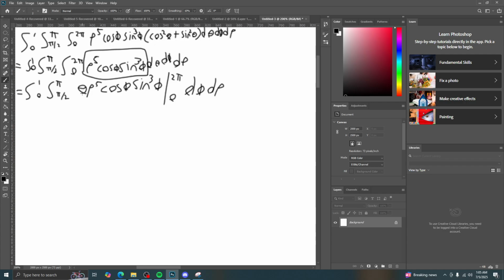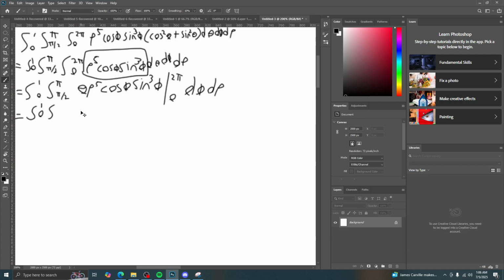We're just going to get 2 pi times this, and then we subtract, plug 0 in. It's just going to be 0 times this, so that's just minus 0. So that's just going to leave us with the 2 pi one. So it's just going to be 2 pi times rho to the 5th times cosine of phi times sine cubed of phi minus 0. We're not going to write the 0. That's the rho integral, and this is the other one.